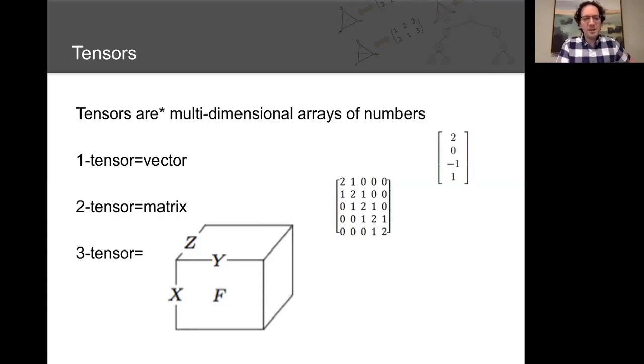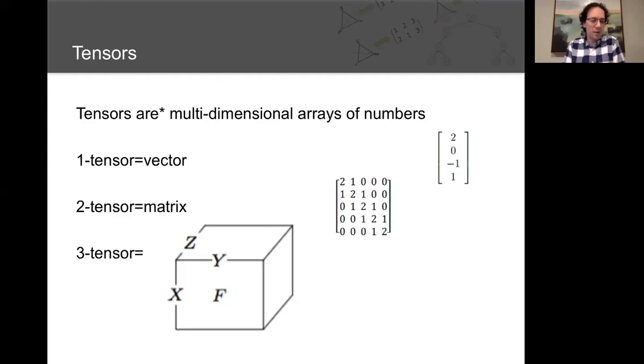And the reason for that is that it's not just a multi-dimensional array of numbers, right? I mean, you could take any set of numbers you want and put them in a 3D box and call it a tensor, but that doesn't make it a tensor. Just like if I had a list of numbers and I put them in a 2D array, we don't necessarily call that a matrix, right? Matrices are things where you can do certain things with them. They change in certain well-defined ways. For example, when you do a change of basis, right? You can multiply a matrix by a vector and that has meaning.